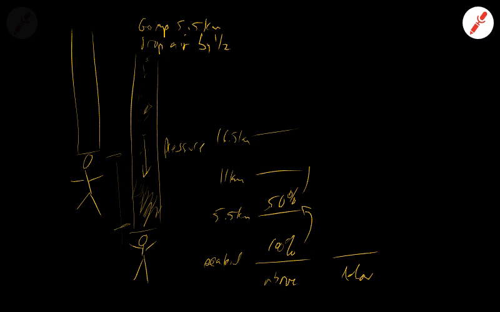If I go up another 5.5 kilometers, it drops by another factor of 2, so it's a factor of 1/2. I have 25% of the air above me, and 75% is below me.